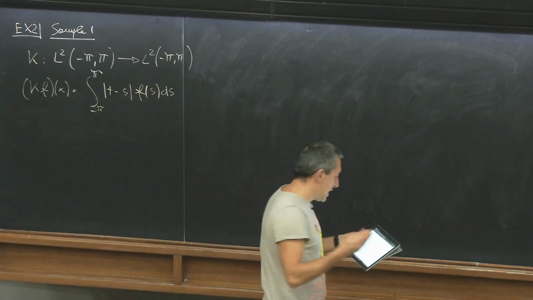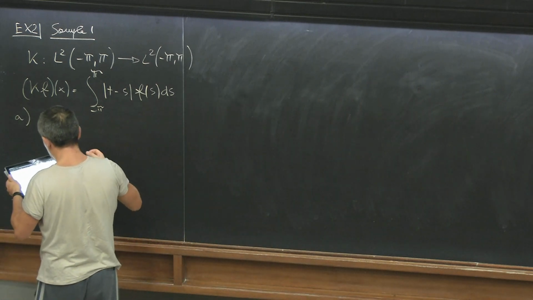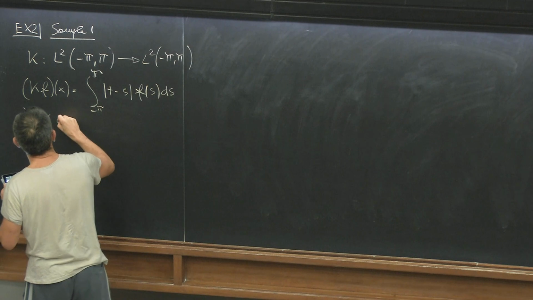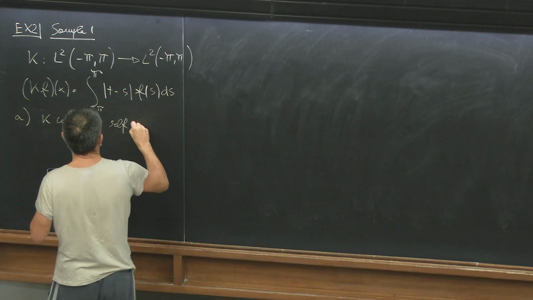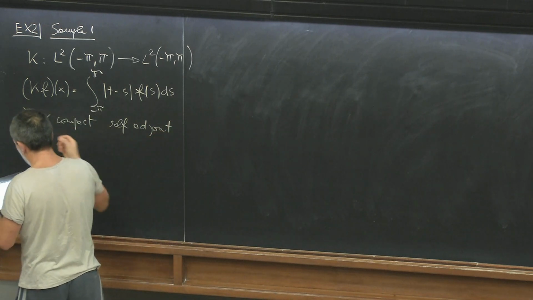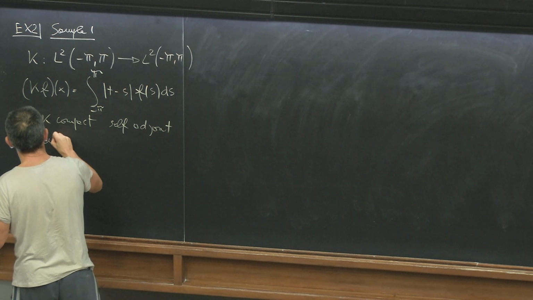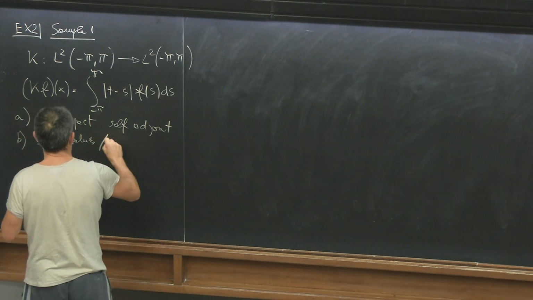The question is whether K is compact and self-adjoint, and of course you have to find eigenvalues and eigenvectors.